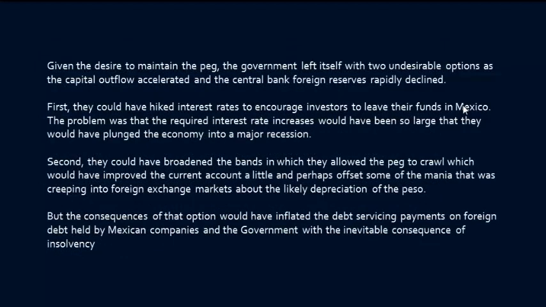So basically, at the time when this was happening, the government was trying to decide whether to maintain the peg or whether to float. They had two options. They could have hiked the interest rates to encourage investors to leave their funds in Mexico, but if they had done this, this would have plunged the economy into a major recession.